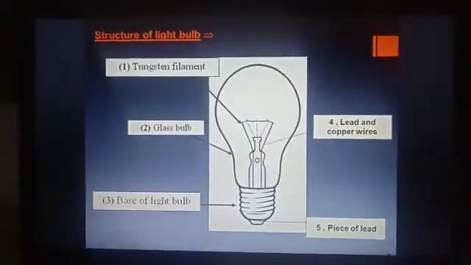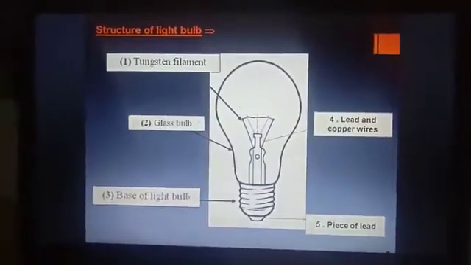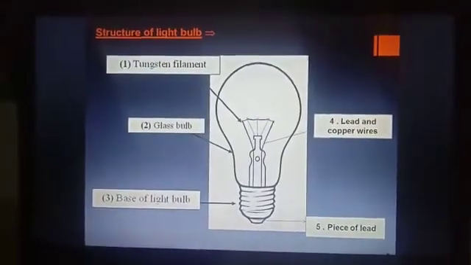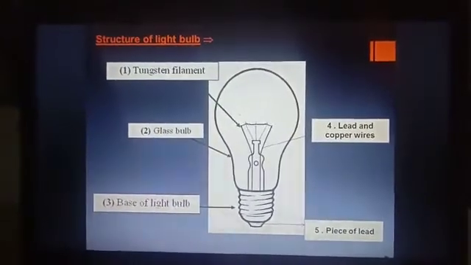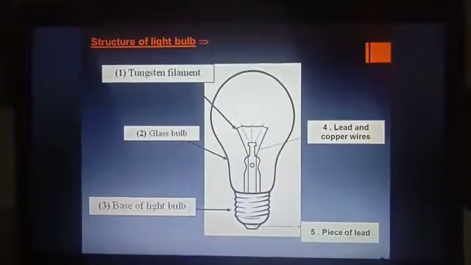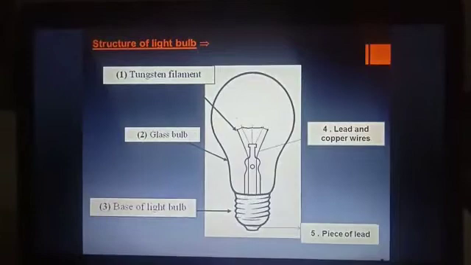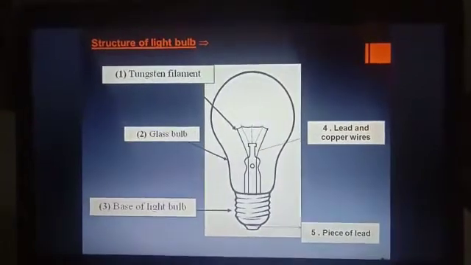Is it oxygen? No. Is it carbon dioxide? No. It's argon gas. Argon gas doesn't burn and doesn't help in burning. So it protects the tungsten filament from burning and increases the lifetime of the tungsten filament. So argon gas is a very important gas inside the light bulb.